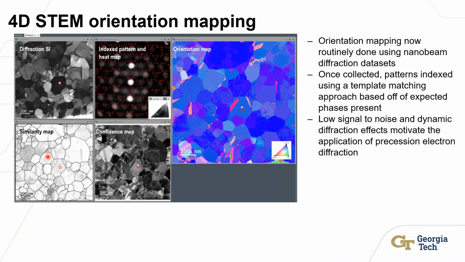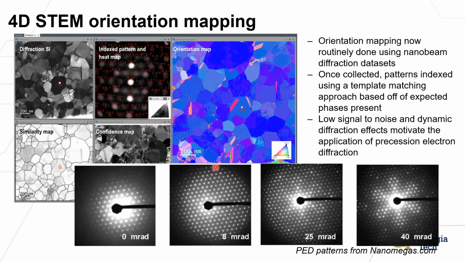We know in the TEM though, especially once you get to samples that are over 10 nanometers thick, and we're typically looking at 100 nanometer thick samples, you get dynamic scattering effects that can lead to additional features inside your patterns that can frustrate your orientation mapping. These dynamical scattering effects and just the signal to noise ratio that you're getting in these patterns typically has motivated the use of precession electron diffraction.